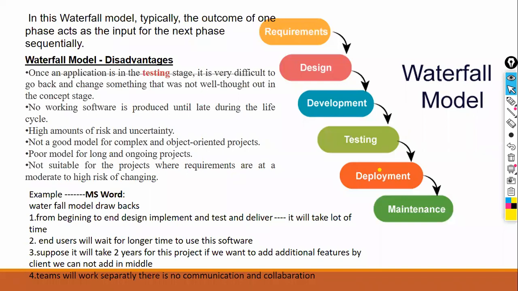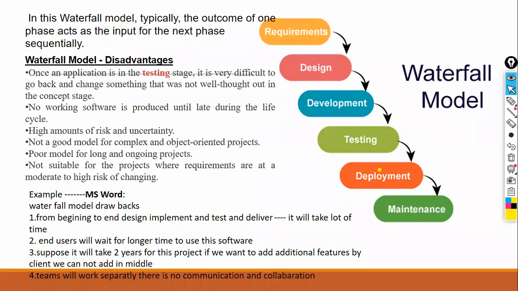To implement all those features takes a long time. For example, to develop the whole MS Word it may take 1 year. So the tester has to wait that 1 year for the development of MS Word to complete, and only then can he test.